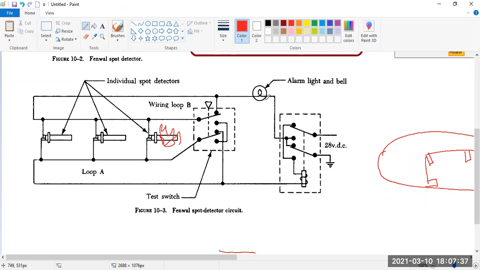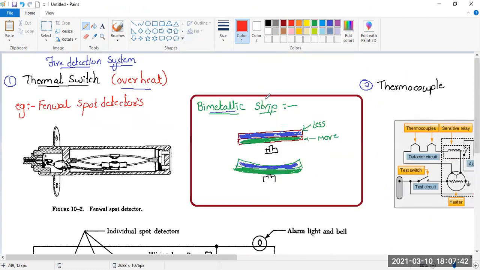Two DGCA questions are asked over here. The first one is that it is an overheat type of detector. This is your first DGCA question: what type of detector is this? Bimetallic strip, another DGCA question.